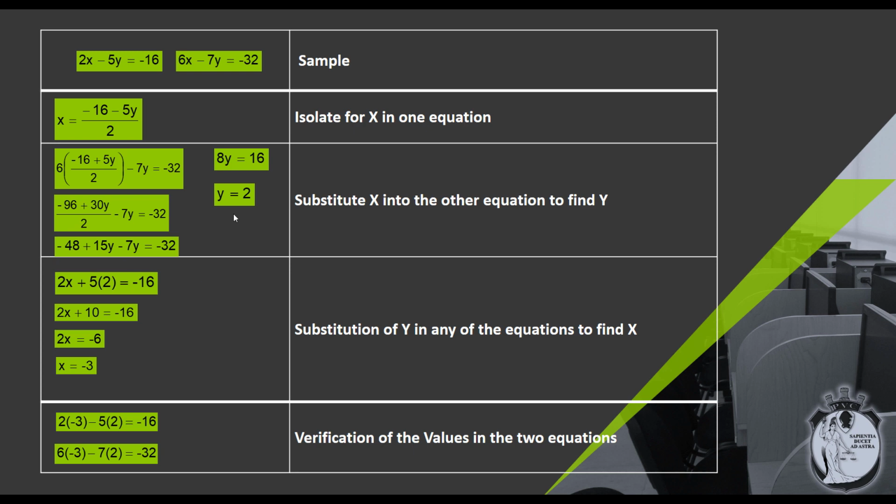Now when you have that value, you need to substitute that value in the isolated expression or in the original equations, and you get the other value. Finally, you need to check if those values are correct. So this is all. Now we will solve an exercise.